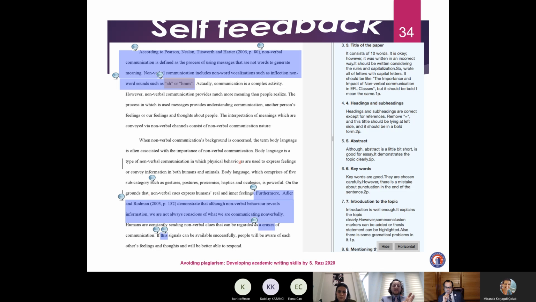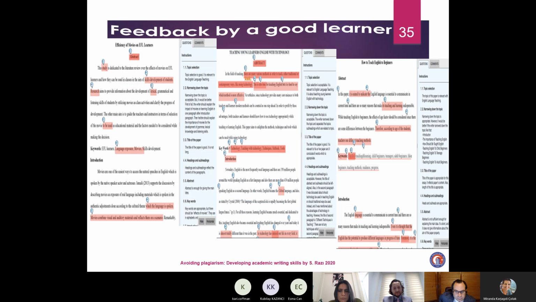Sometimes students indicate, okay, I know that I didn't do very well when it comes to using linking devices. So it is poor. I know that it is poor in my paper. I couldn't develop it because of, for example, time pressure, or because of my lack of proficiency in the target language. So it's good to learn about their excuses for any failures. It is good to know the differences.